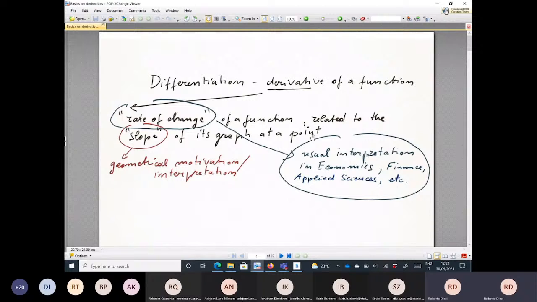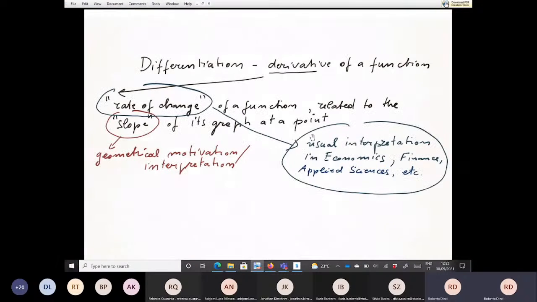Can you make it larger? This way? This is the largest screen I can get.